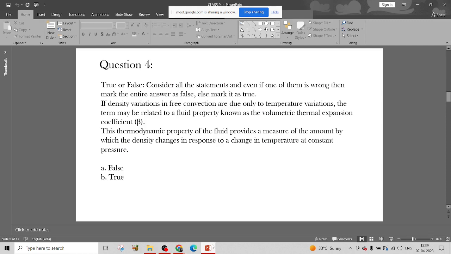Now consider all the statements; even if one of them is wrong, mark the entire answer as wrong. Otherwise, mark it as true.